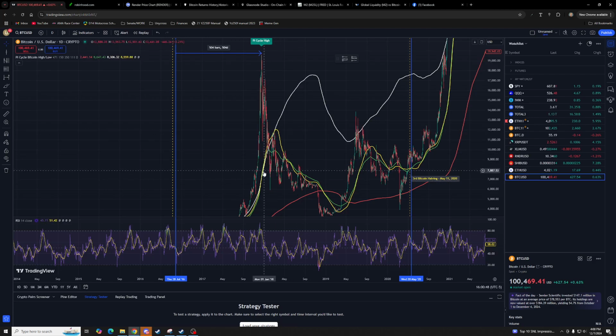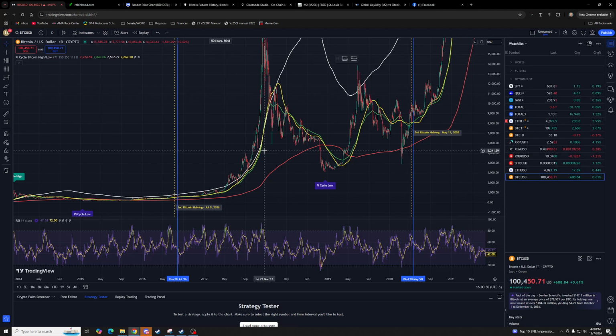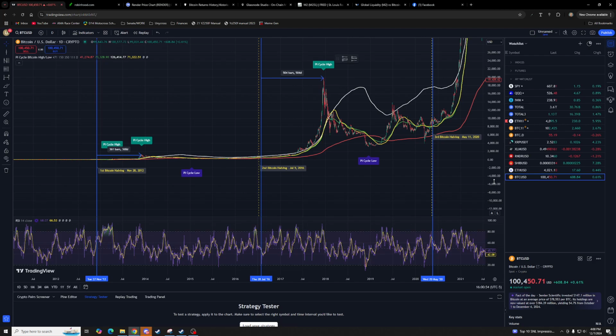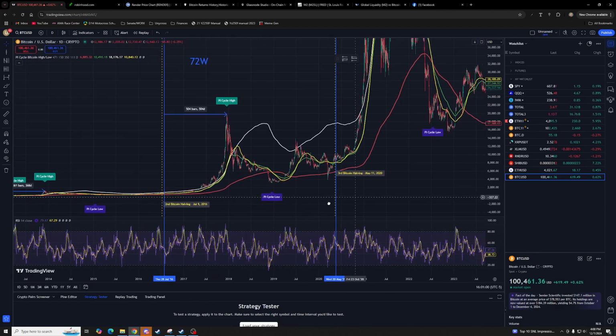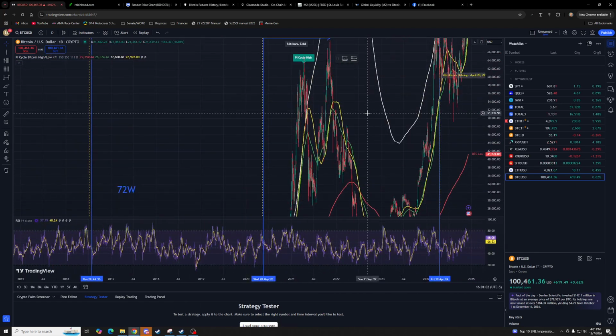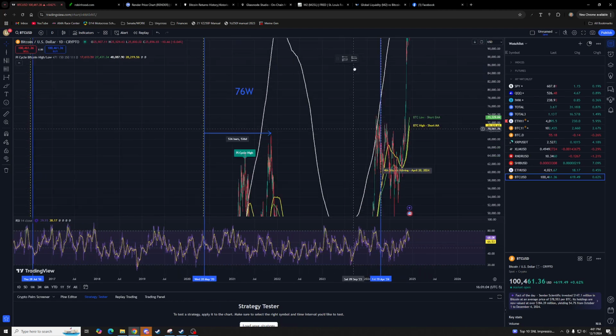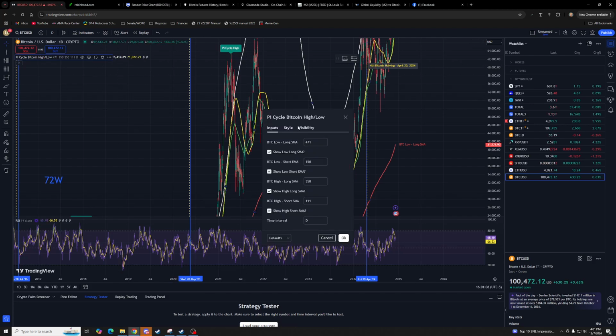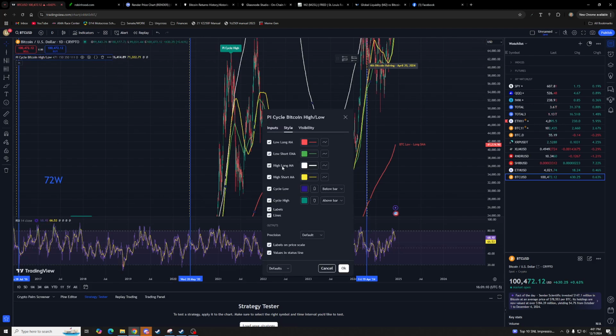Every time that the white and yellow line cross, okay? Now the white is the pi, sorry, I want to make sure I get this right for you guys. Here, let me just click the thing so I don't call these wrong. Visibility, style. Okay.